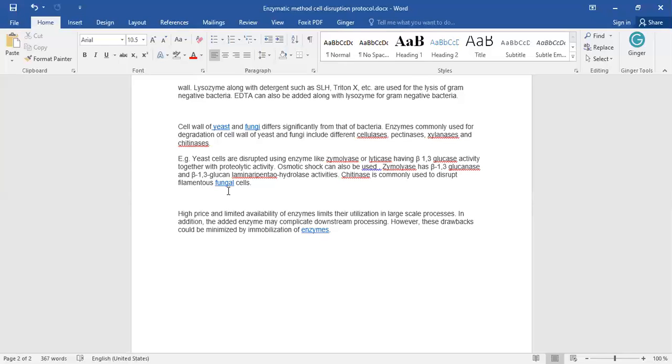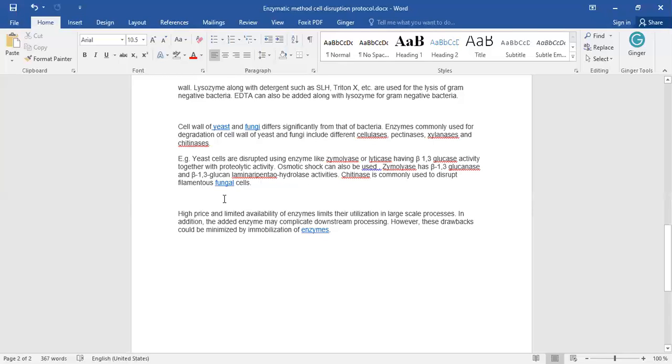Zymolase has beta-1,3 glucanase and beta-1,3 glucan laminaripentaohydrolase activity, and chitinase is commonly used to disrupt the filamentous fungal cell wall.